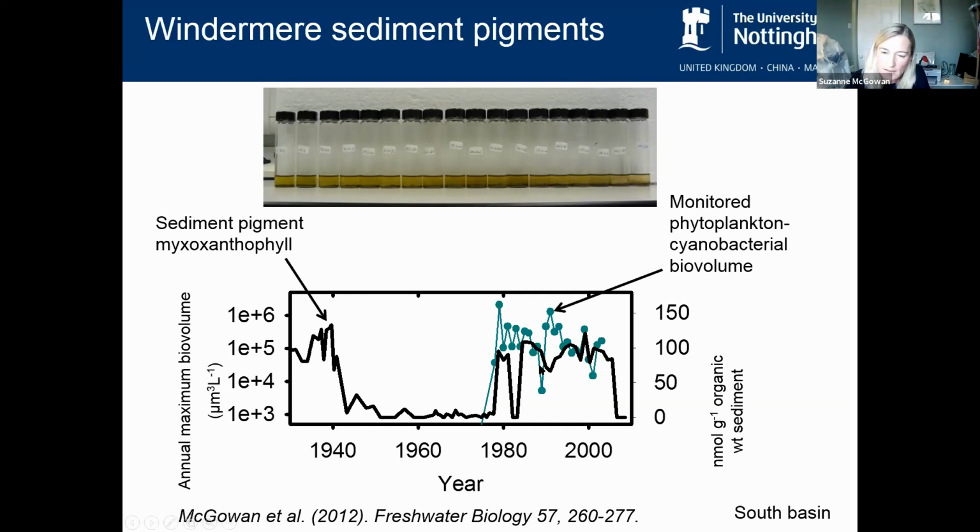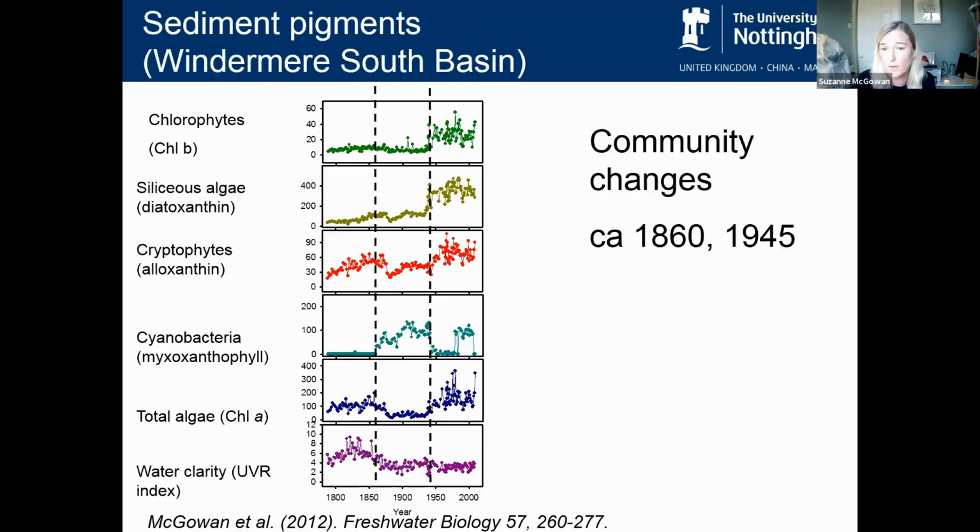And this is the sediment record of a pigment from cyanobacteria, myxoxanthophyll. The big surprise was what we found: around about 1945, very conveniently, preceding that, a big increase in myxoxanthophyll, suggesting there was an earlier onset or earlier abundance of cyanobacterial blooms.